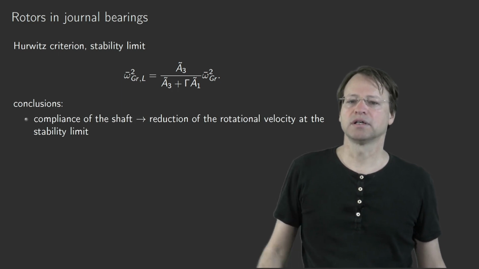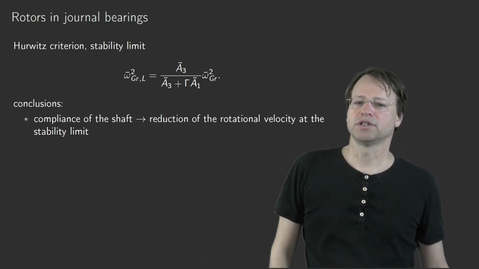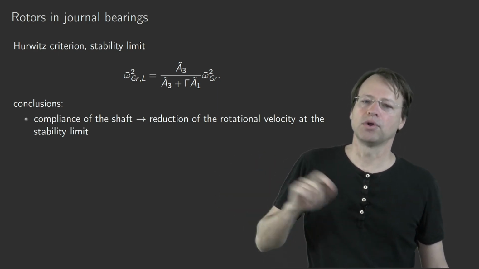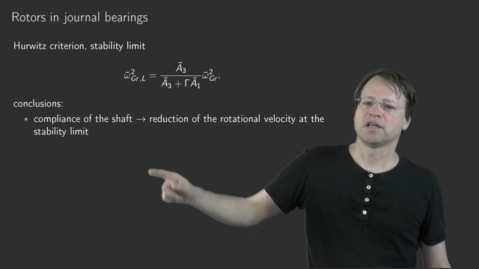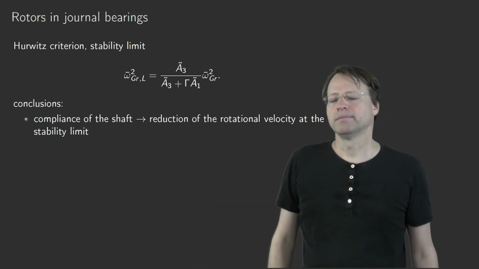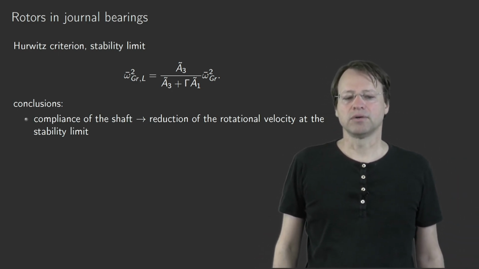So the conclusion is, due to the compliance of the shaft, there is a reduction of the rotational velocity at the stability limit. So you reach the stability limit earlier when taking the compliance of the shaft, these flexibility effects, into account.